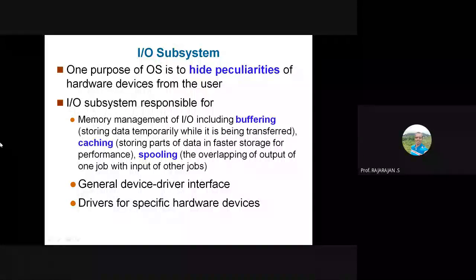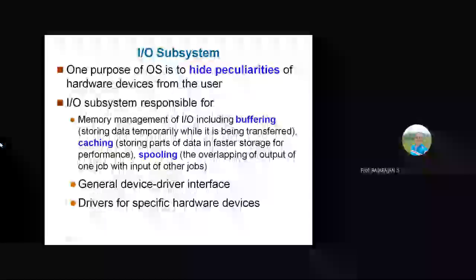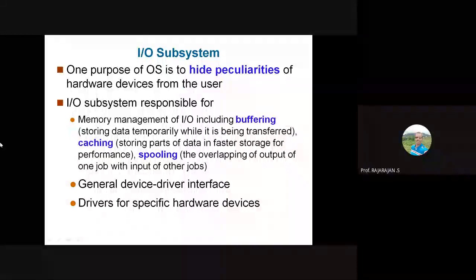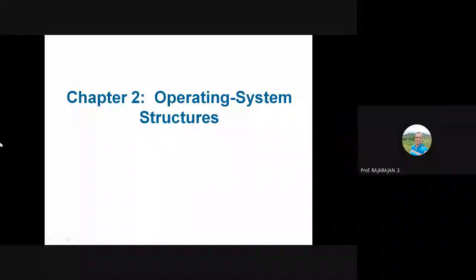But this caching is different from the cache memory, which is between main memory and the CPU. What we are talking about is memory allocated in the secondary storage, acting as a cache. And spooling is the overlapping of output of one job with input of other jobs. So the device drivers are also provided.